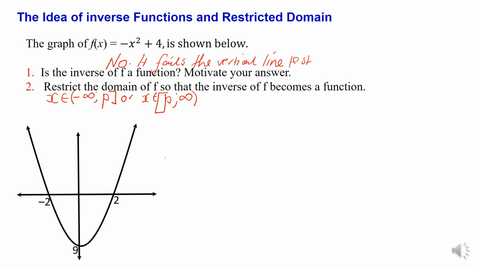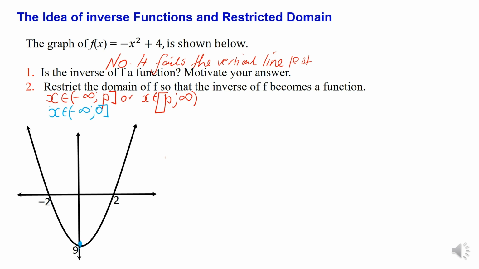In place of p, we put the x coordinate of the turning point. P represents the x coordinate of the turning point, which means the answer to this particular question now will be x is an element of negative infinity up to 0, because the x coordinate of the turning point at the bottom here is 0.